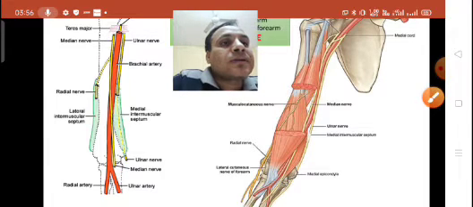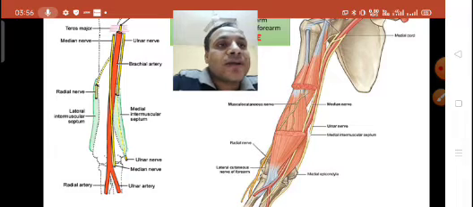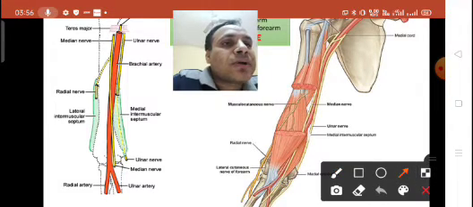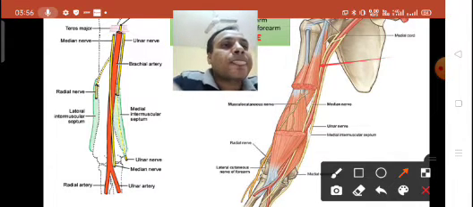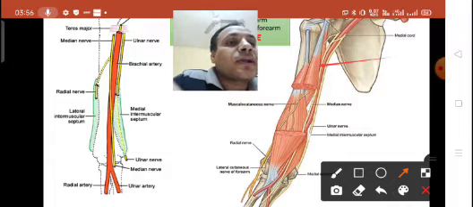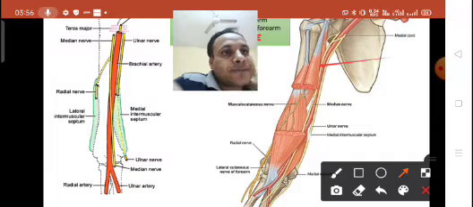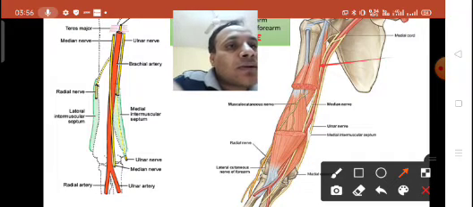Then the median nerve enters the upper part of the front of the arm. In the upper part of the front of the arm, the median nerve lies lateral to the brachial artery and runs downwards.